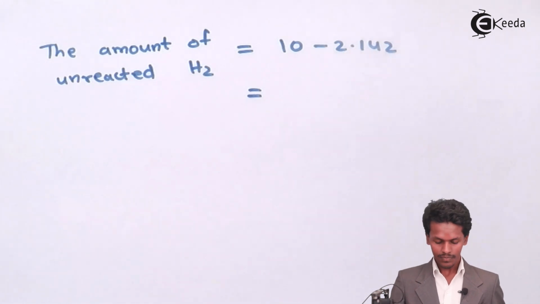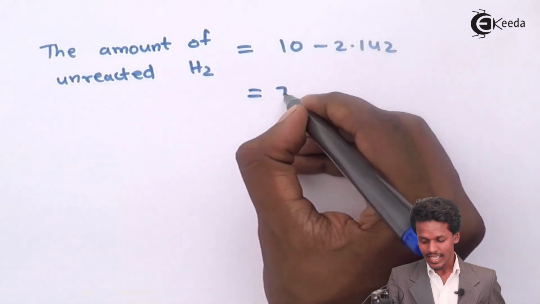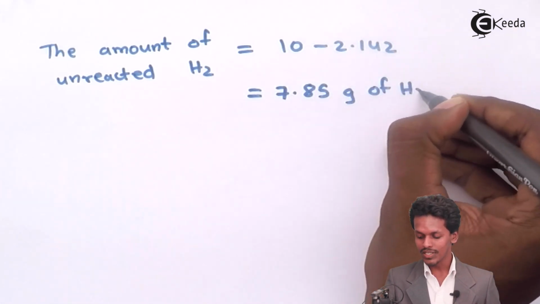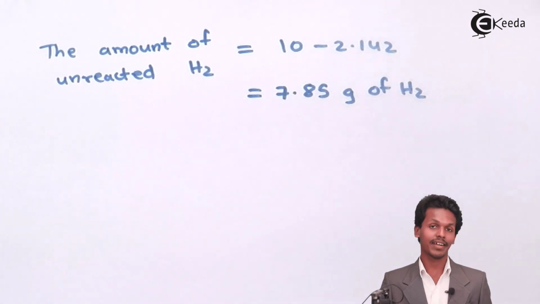So therefore 7.85 gram of hydrogen is not being reacted.